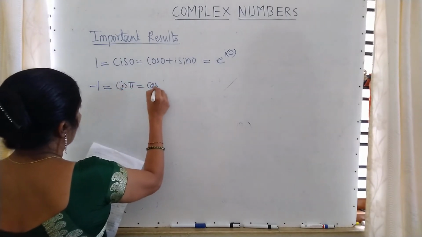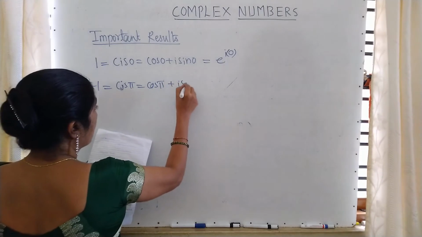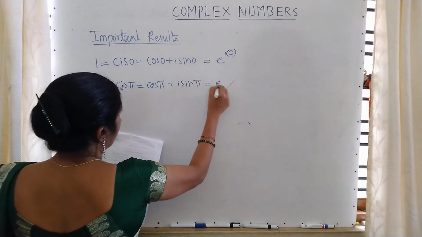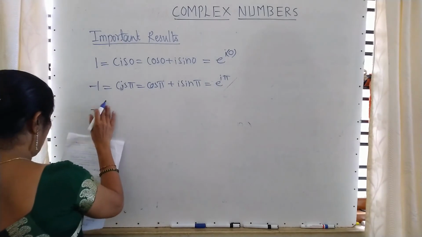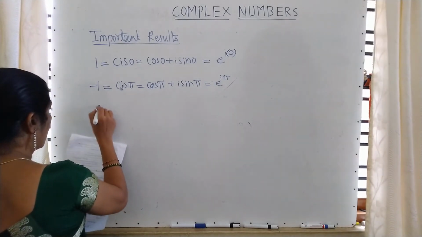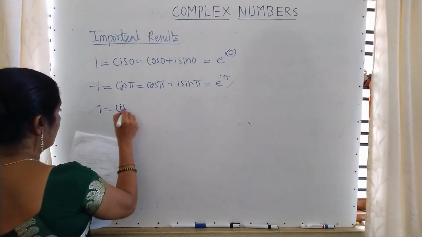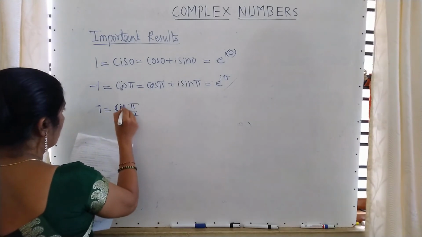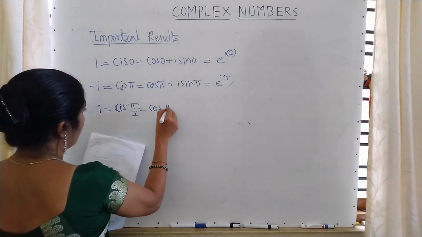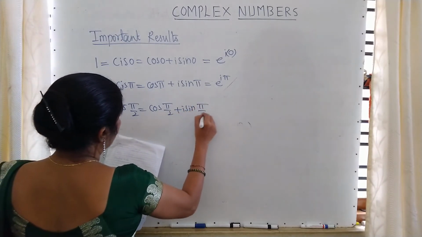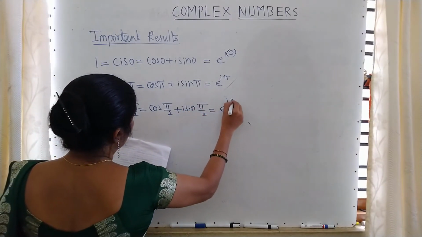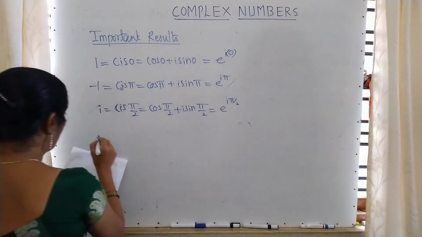That is cos pi plus i sin pi, e raised to i pi. Next, i is cis pi by 2, that is cos pi by 2 plus i sin pi by 2, e raised to i pi by 2.